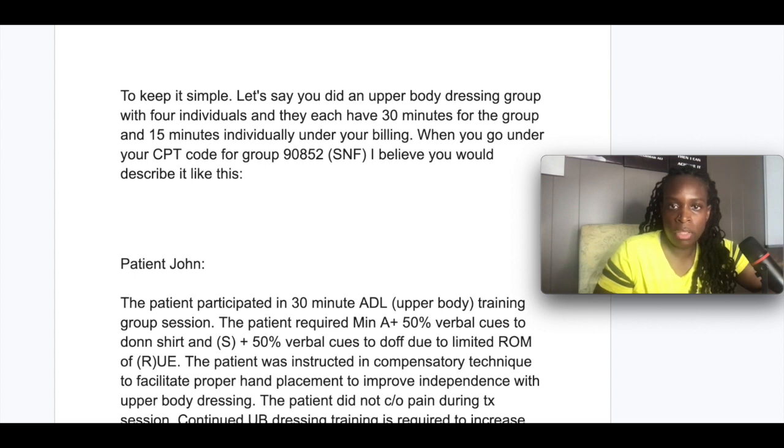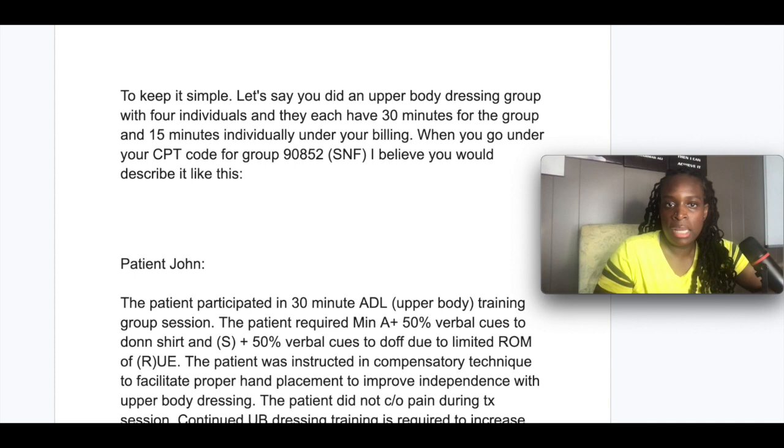All right, so when you go in to do your billing, you're going to put 30 minutes in the section for group, and then let's say if you did one-on-one, maybe exercise with that patient, you put 15 minutes with person A. And then with person B, you would say, okay, I did 30 minutes with my group for person B, but then we didn't do exercise for our individual session.